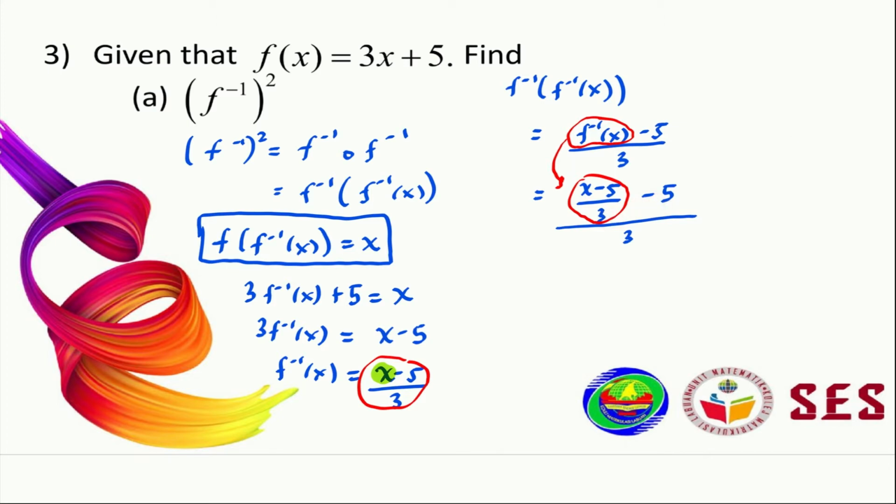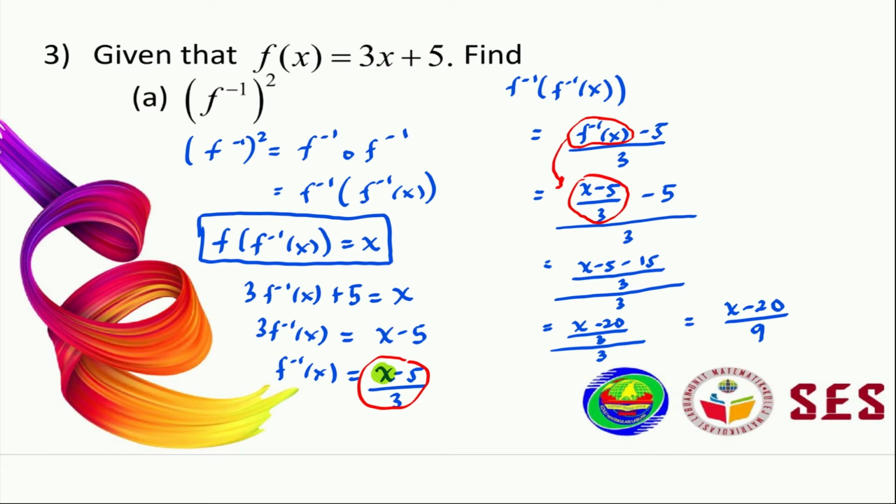So we have x minus 5 minus 15 over 3, and it's being divided by 3 again. So we have x minus 20 over 3, and still that over 3, which can be simplified to become x minus 20 over 9.